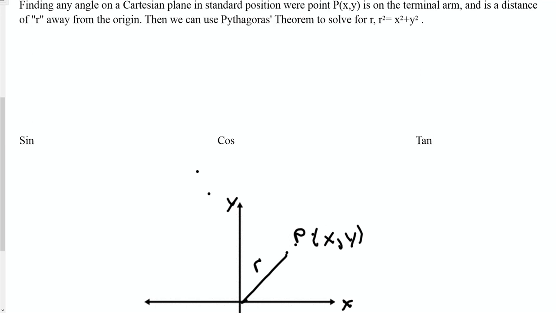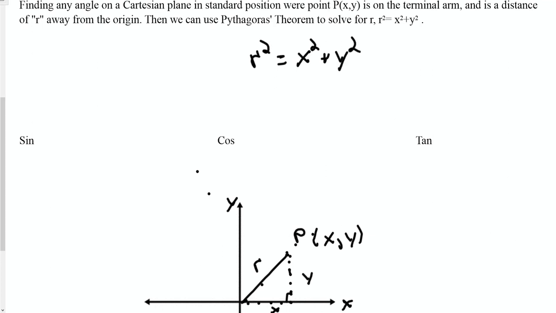Now remember, when you're dealing with everything on a Cartesian plane, you have these distances here. This is your y, and this is your x value. And it makes a nice right triangle. So if you wanted to find the distance from the origin to the point on your terminal arm, you can find that using r squared equals x squared plus y squared.